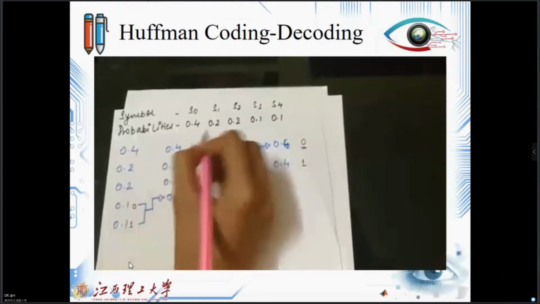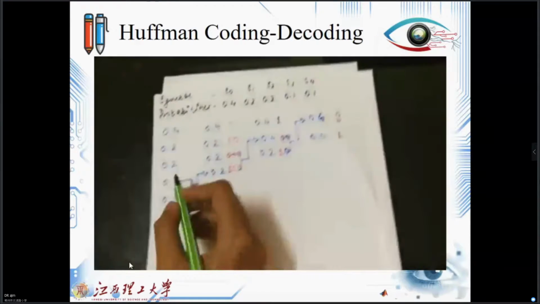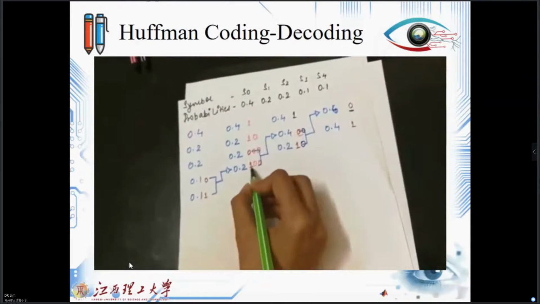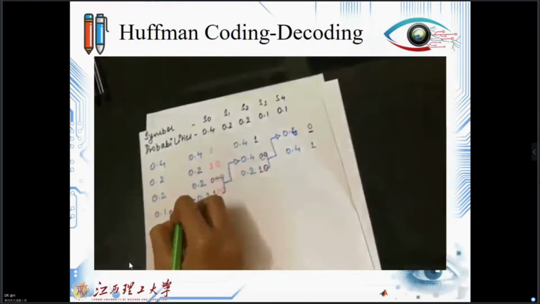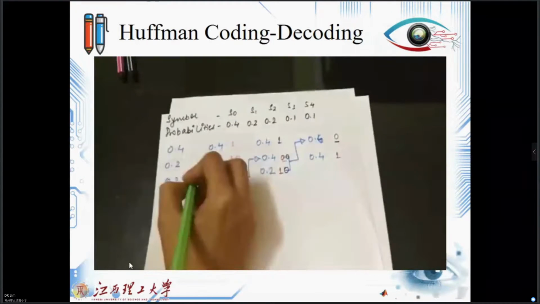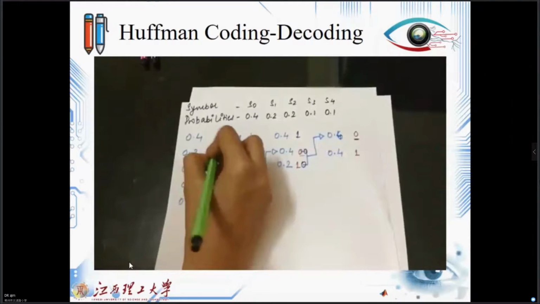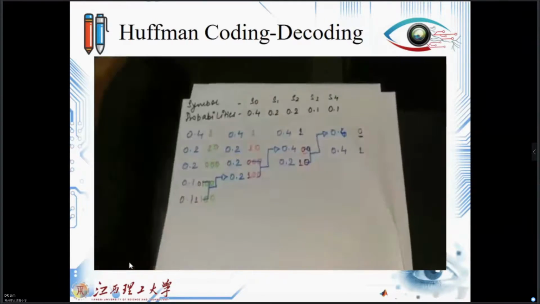Just put the previous value there. See, 0.2 is the result of these two. We just pass the value there. See, simple. And 0.2 is from here, and another 0.2 has the code 1 0, and the other one has 0.4 as the value of one.